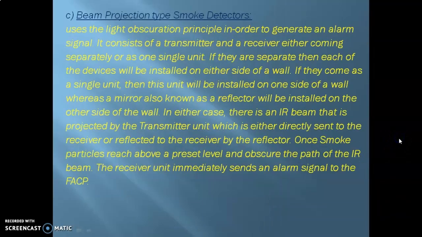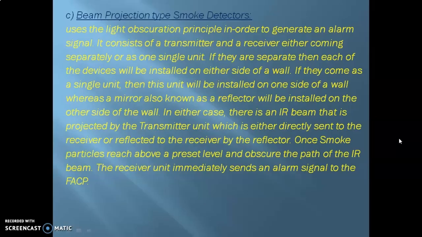All right. Now, since we were discussing photoelectric type smoke detectors, and as I mentioned in the note, the beam projection type smoke detectors utilize the light obscuration principle, and they themselves are actually photoelectric smoke detectors.